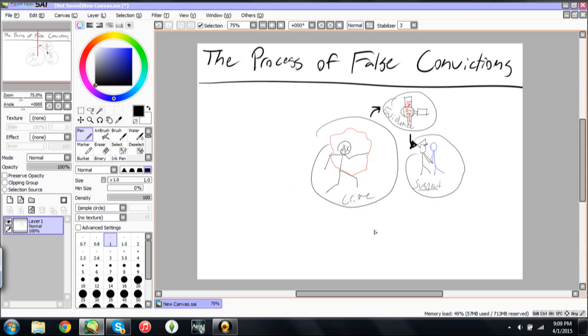Alright, from here, like I said, they are generally taken to jail, and we don't want to leave our little suspect alone, so we're gonna give him a buddy. And this is his cellmate, who is sad because he's in jail.